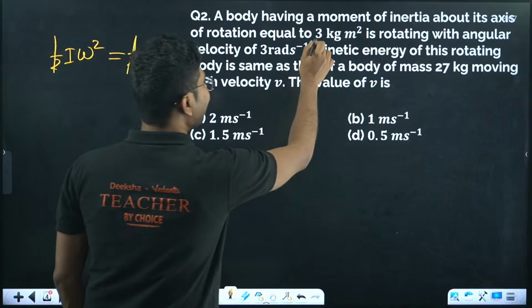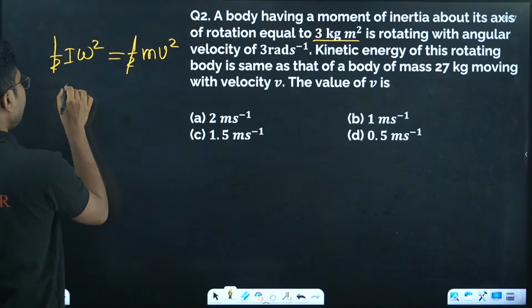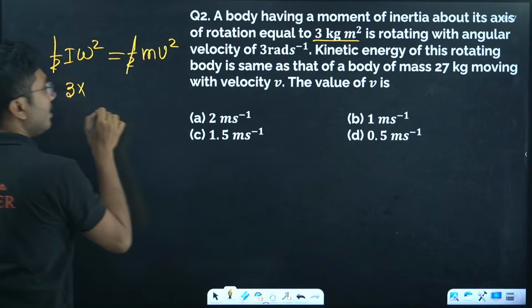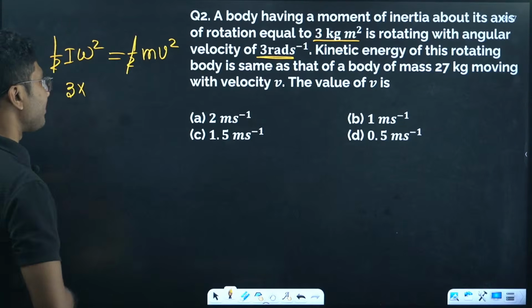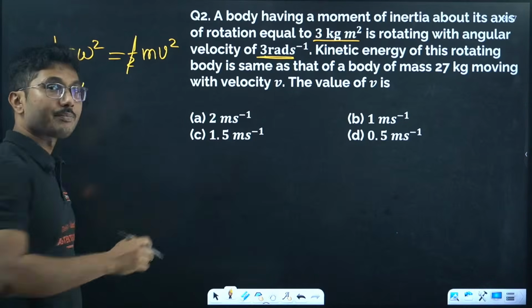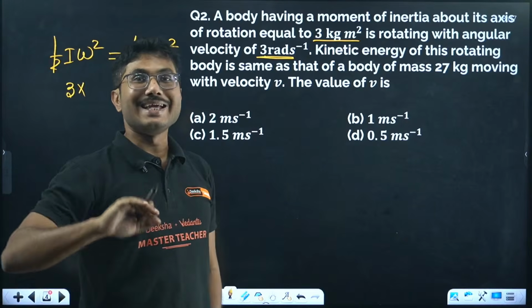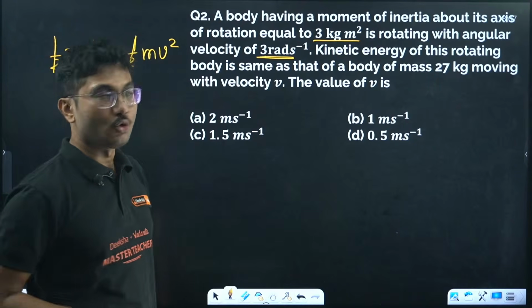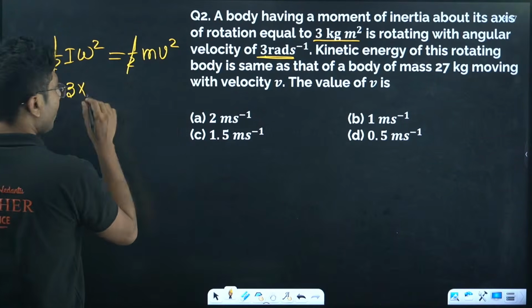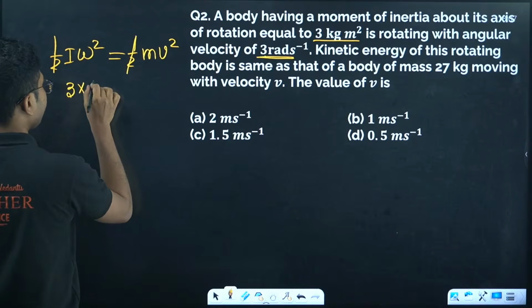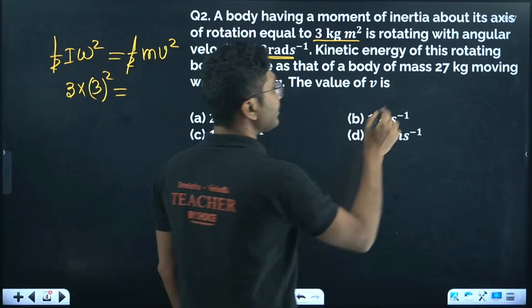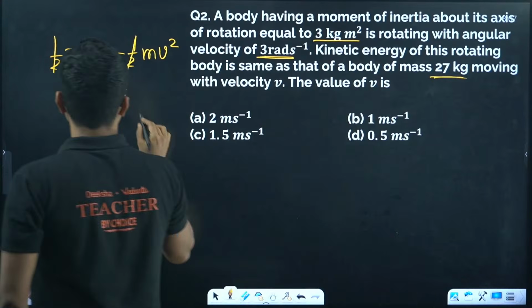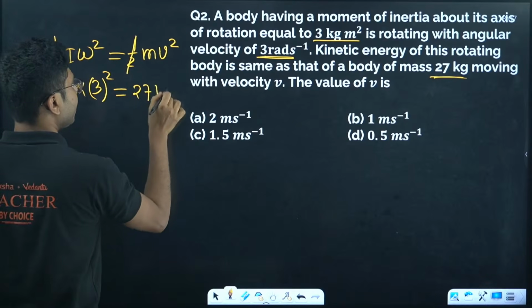I for the object is given as 3, and the velocity is given in terms of angular velocity, radian per second. Check that if it is given in RPM or RPS, you have to convert it to radian per second. So 3 into 3 square equals the mass of the object, 27 kg, into v square.